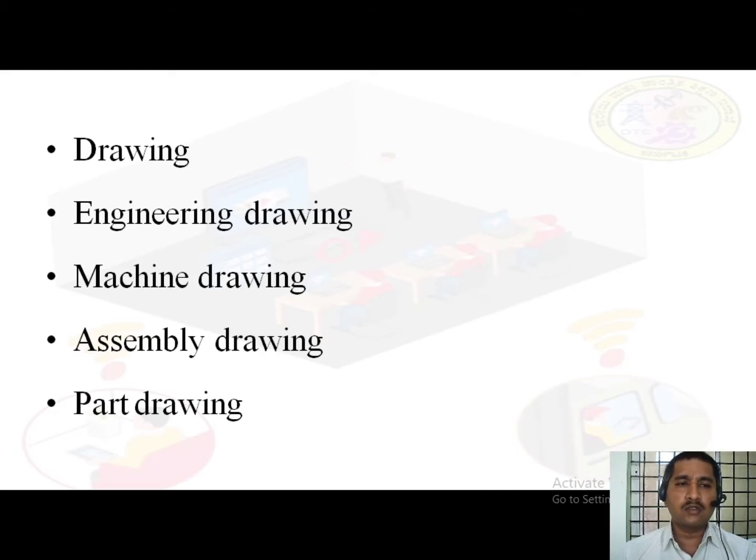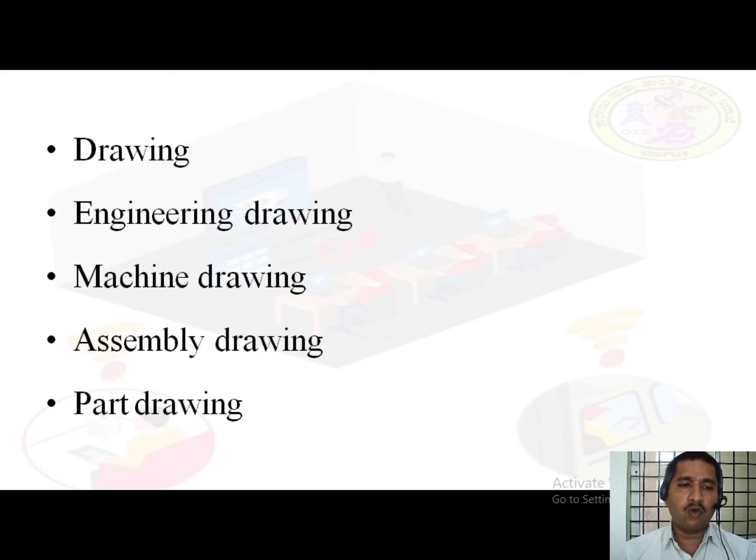It gives a complete description of an object or a machine part regarding shape, size, and all other internal details. Applications of engineering drawings are building drawing for civil engineers, circuit drawing for electrical and computer engineers, and especially machine drawing for mechanical engineers.